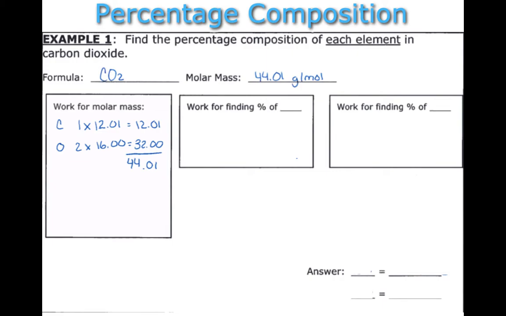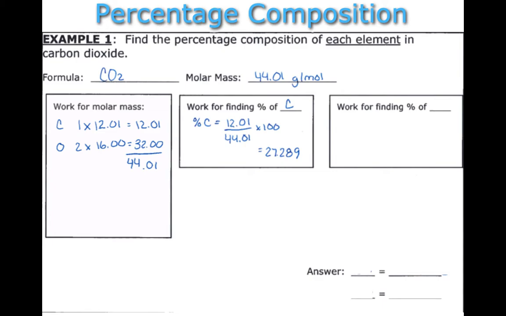So first, we're going to look at the work for finding the carbon. We need the total mass of the carbon divided by the total molar mass of the carbon dioxide. So to find that, we know that we had 1 carbon at 12.01. The total molar mass is 44.01, times 100, and we have 27.289. We'll add our unit later.